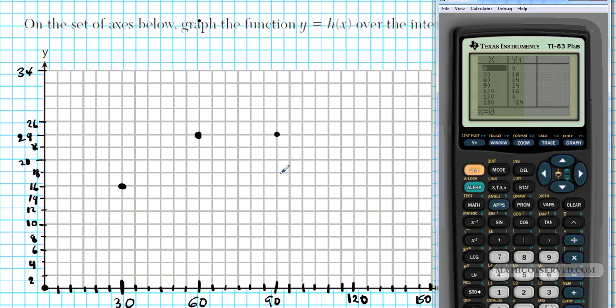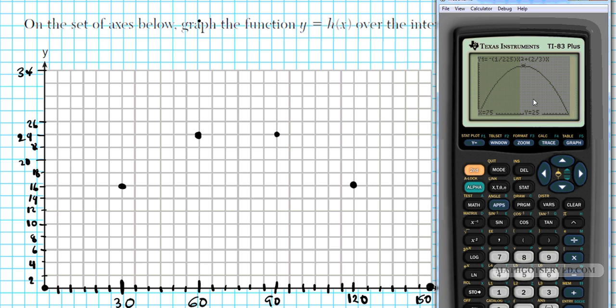And then let me make sure I did this right. Yes, good. And then 120 goes back to 16. We see the symmetry happening here. 120 goes to 16. 150 back to 0. Okay? Now, where is the maximum? Remember we found that before, right? Let's take a look at the graph again.